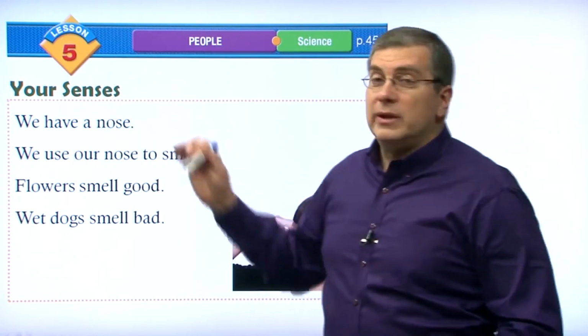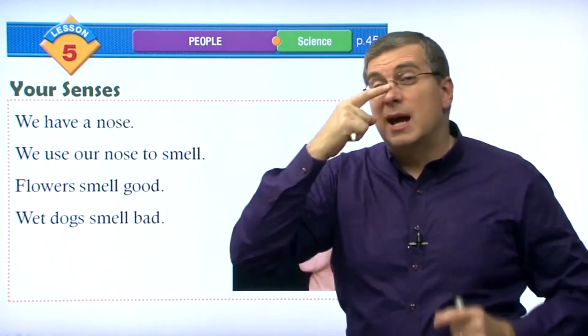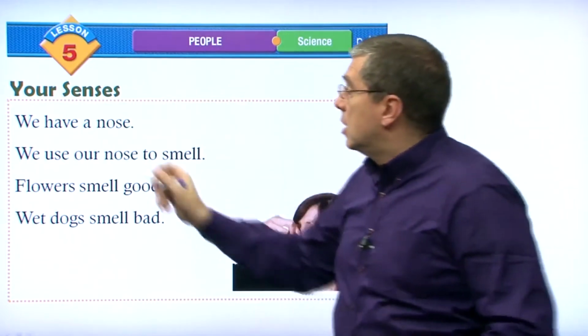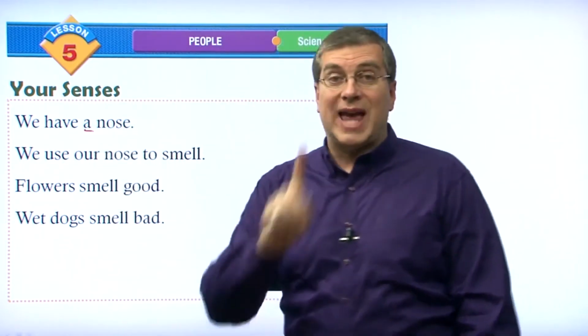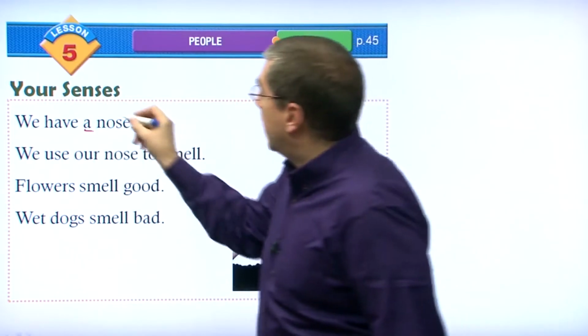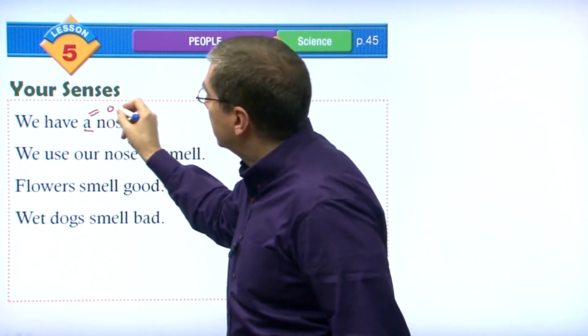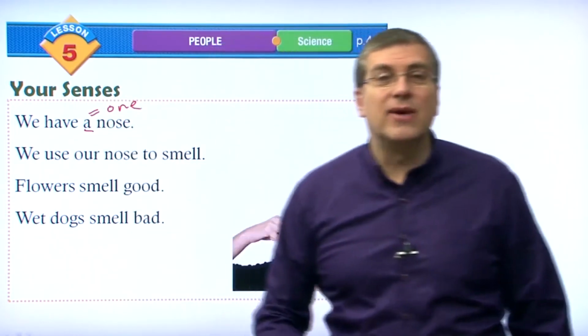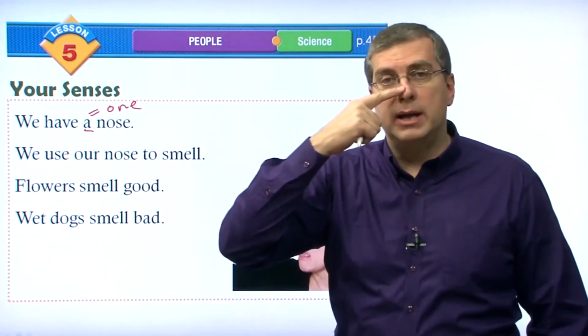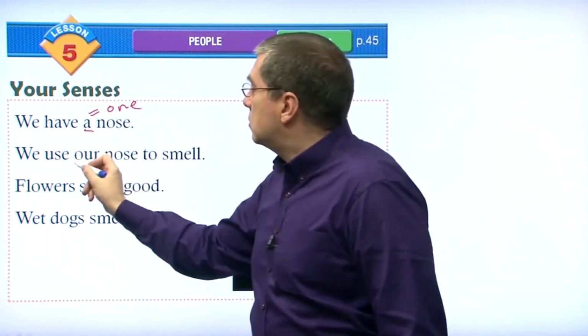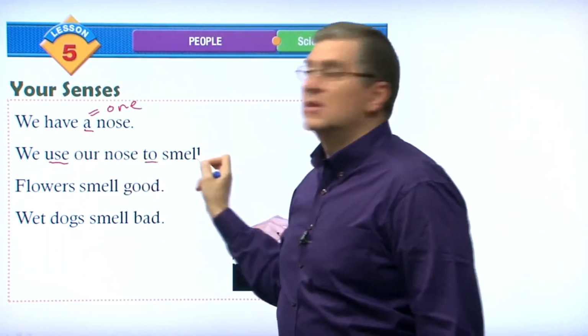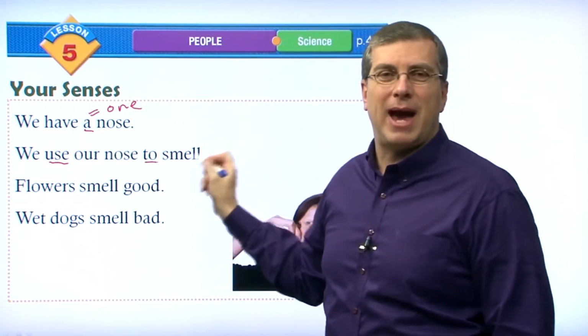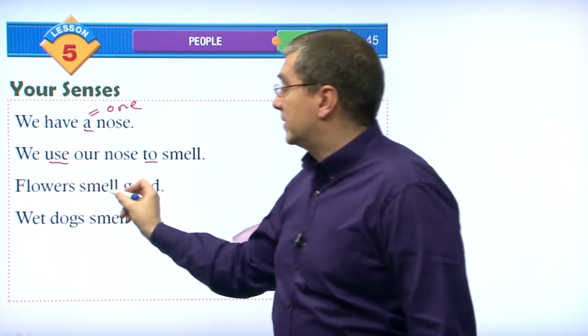Okay, we talked about eyes, we talked about ears. Now let's talk about nose. We have a nose. A means one. We have a nose, one nose. We use our nose to smell. Again, the same pattern. Flowers smell good.